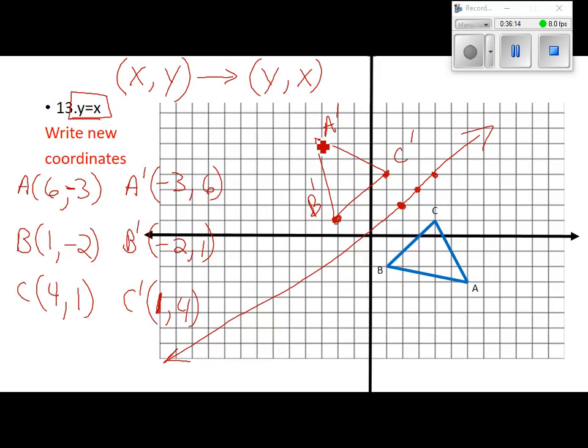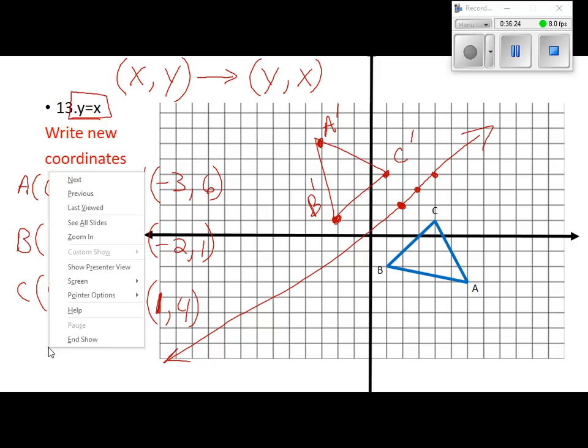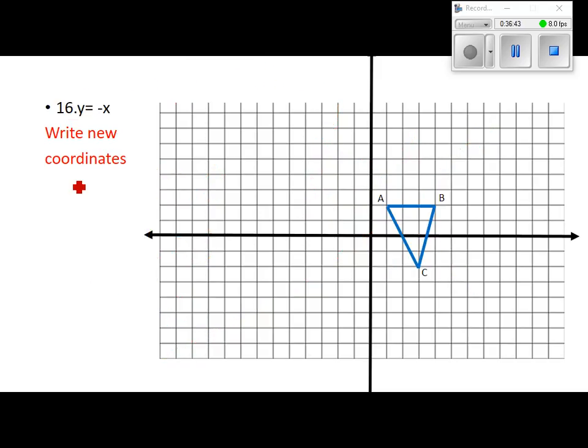Does that look right? Yes. 5 seconds, then I'm changing it. 3, 2, 1. Gotta stay caught up.